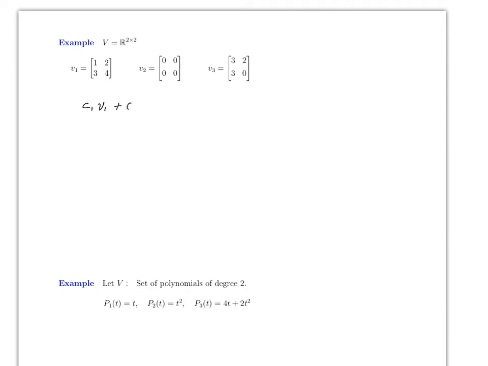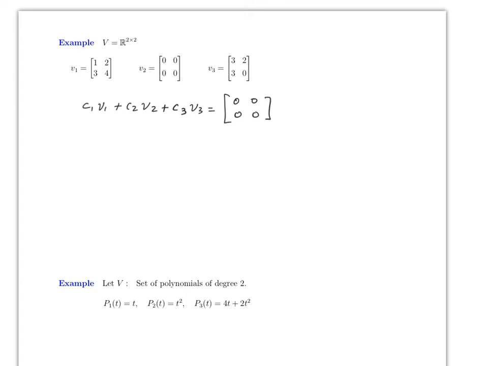So if we create a linear combination of these three vectors, and we end up with the zero matrix, or the zero vector, which in this case is a matrix with 4 zeros. And if it turns out that C1 equals C2 equals C3 equals 0, then these vectors are linearly independent. If not, they will be linearly dependent.